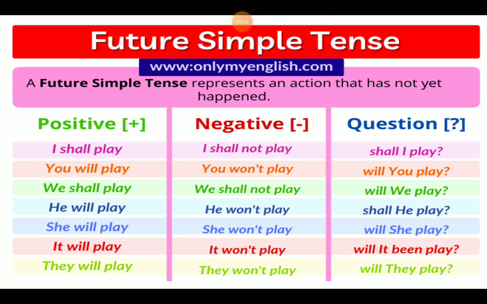And then another point is, among native speakers and in today's spoken English context, people prefer to use will for all pronouns. People prefer to use will rather than shall for all pronouns. So no problem if you use will or shall, right?